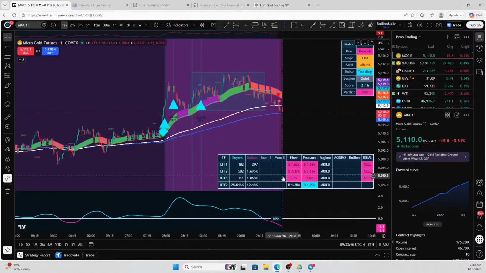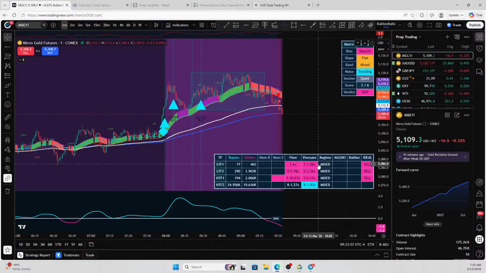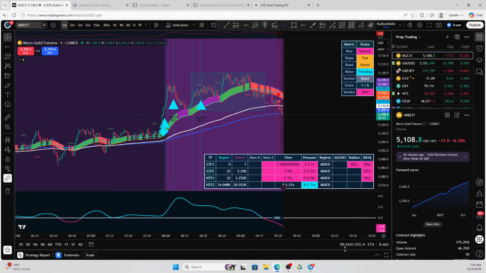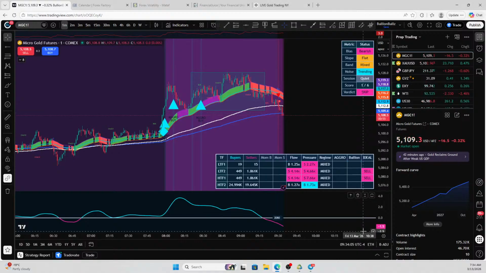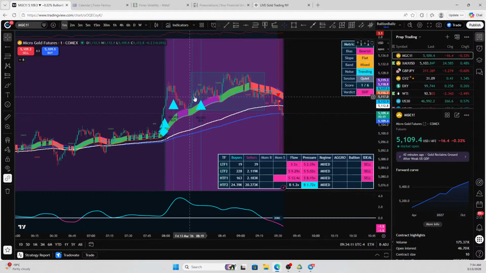What we're going to do is just wait on the sidelines and wait for real volume to show up, which is potentially going to happen after the news, at 8 a.m. Mountain Standard and 10 a.m. Eastern. Right now we are at 9:33 a.m. Eastern. So we're going to wait till 10 a.m. Eastern to potentially start our day. We're just going to wait for now.